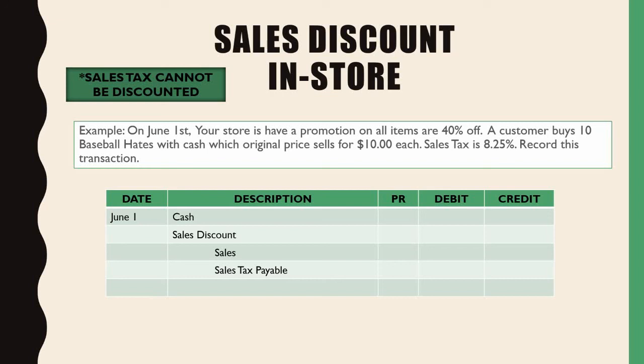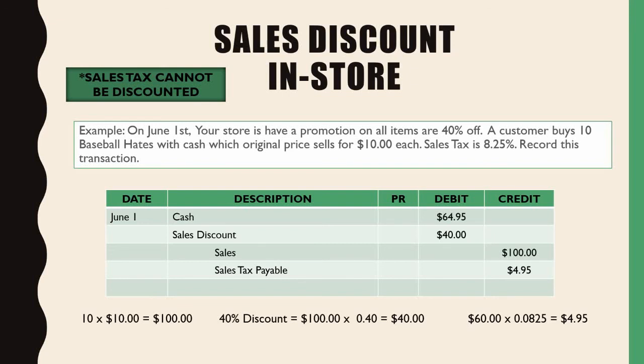Now we need to do this on a separate piece of paper, because you cannot tax $100. You need to tax the amount that is actually being sold. So how much is the tax for $60? $4.95.